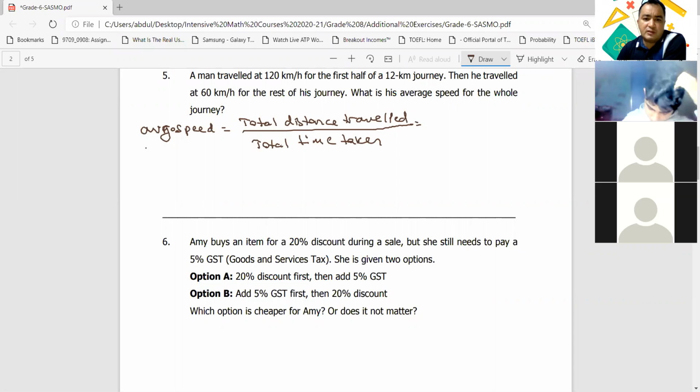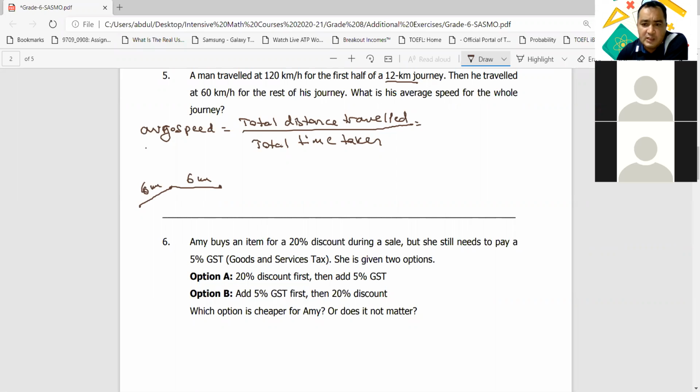A man traveled at 120 kilometers per hour for the first half of a 12-kilometer journey, right? So we are talking about two parts of the journey. This one is 6 kilometers, and this one is 6 kilometers, because the total distance is 12. So the total distance is 12 kilometers.